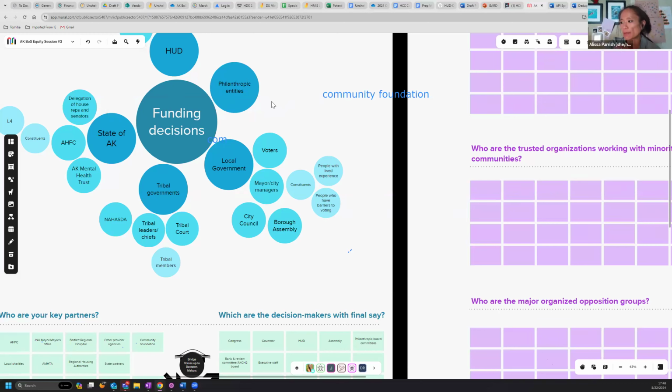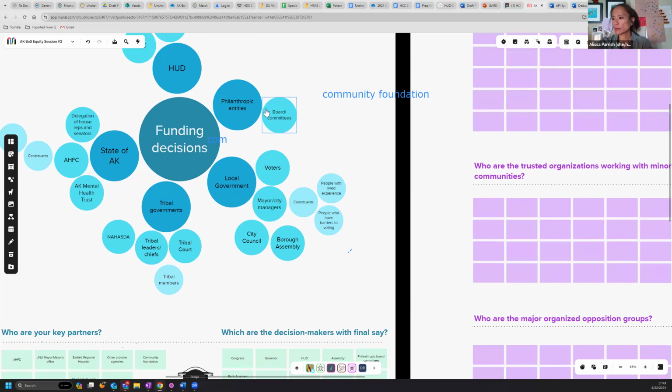And then I think we got to philanthropic entities. Who are the decision makers there? Their board and committees, right? And then other decision makers at the philanthropic level? I think that one's again where executive staff could come into play.